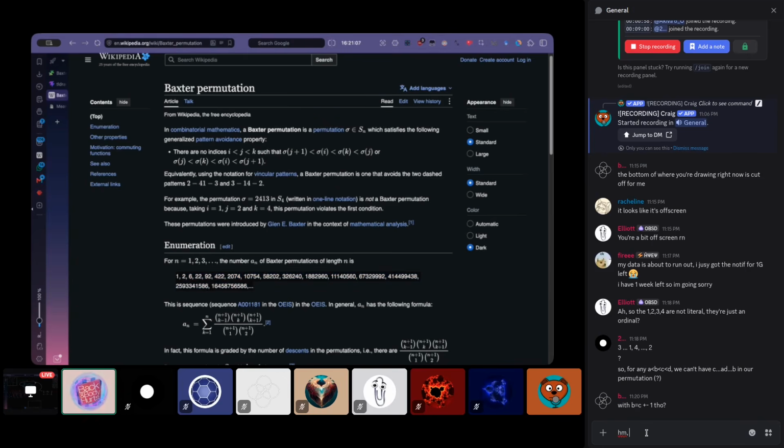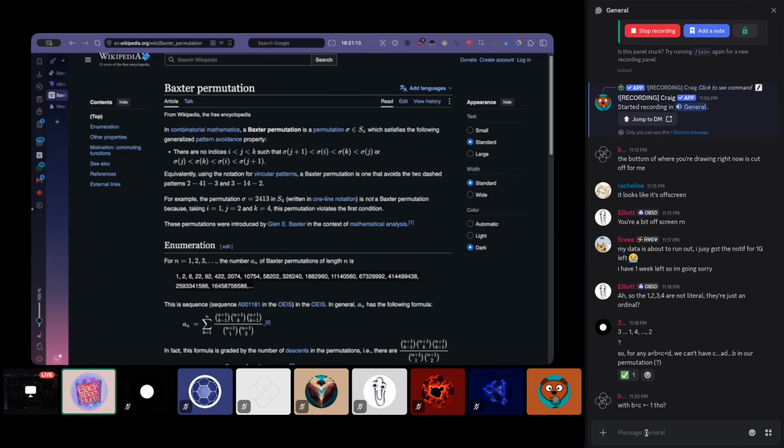So you take any 4 values as long as A and D are next to each other in the permutation. It doesn't matter what the values are. We'll look into examples a bit more very soon, but I just want to give the rough context around why this was important.